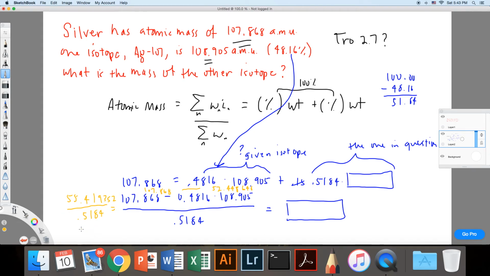And this is going to give us 106.904614. Now, if this is free response, which it looks like it might be, I'll go back and look at it in a second.